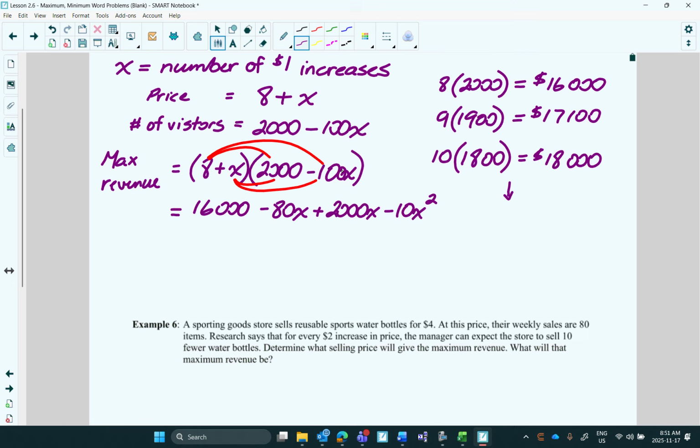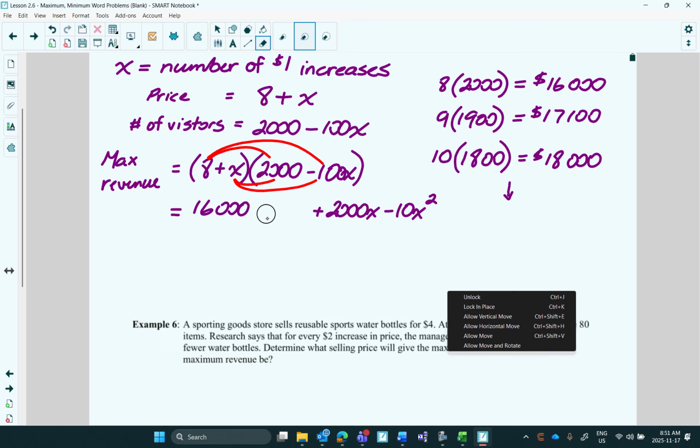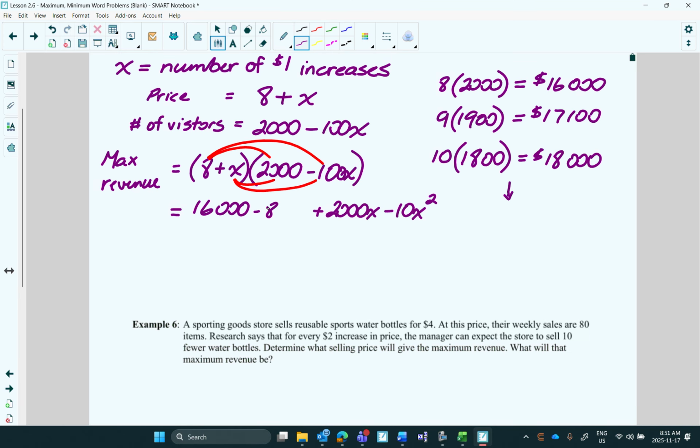I knew I did. 80x just didn't make sense. And it should be minus 100x squared. Yeah, that makes more sense.